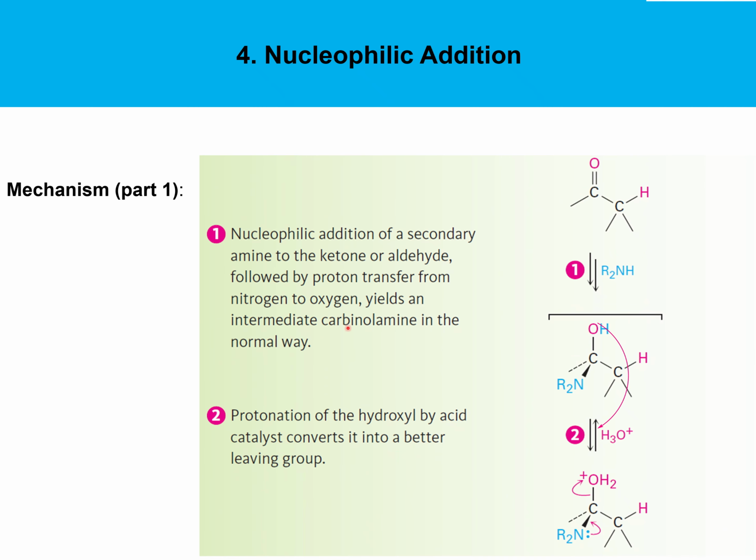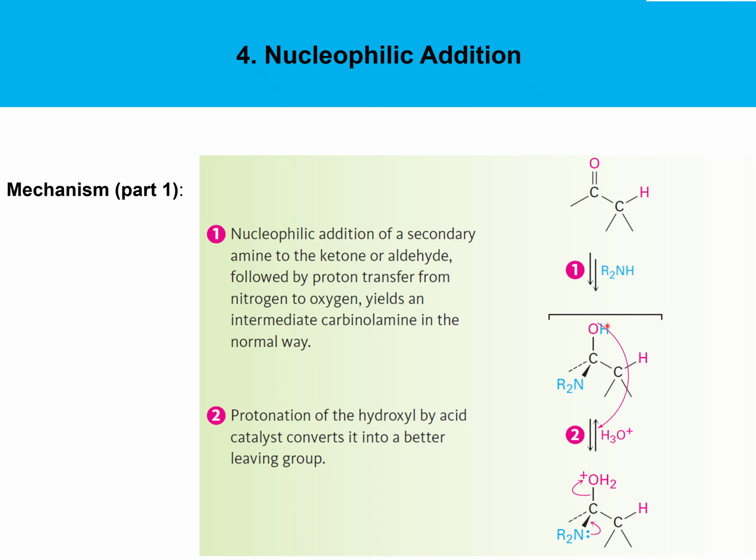The mechanism for the formation of an enamine, for the first half of the mechanism, will be identical to the mechanism when forming an imine. Let's take a look at how this happens. Starting with an aldehyde or ketone, if we add a secondary amine, the secondary amine will add to the carbonyl carbon. Eventually, after a proton transfer, we'll have this carbinolamine intermediate.